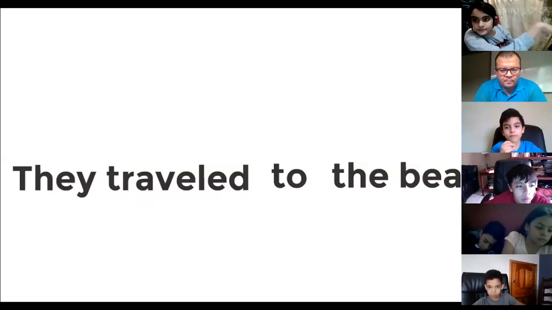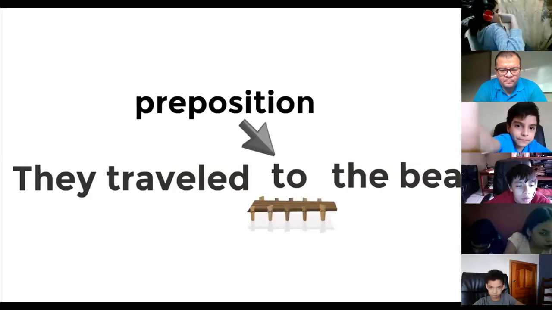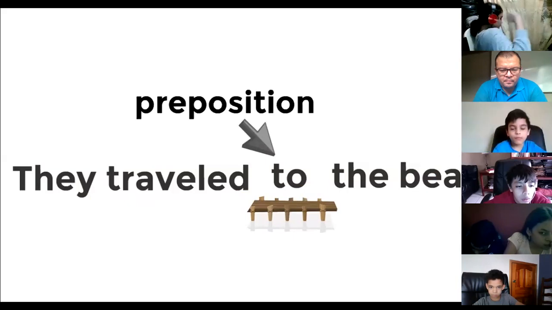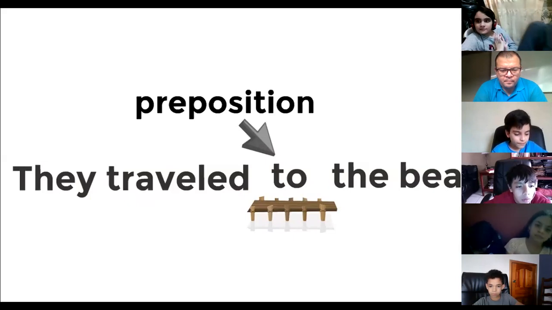Okay, let's give this one a try. They traveled to the beach. Well, the word to is the preposition here. It's the connecting word that's connecting beach to the rest of the sentence: they traveled. Which word is the object of the preposition?